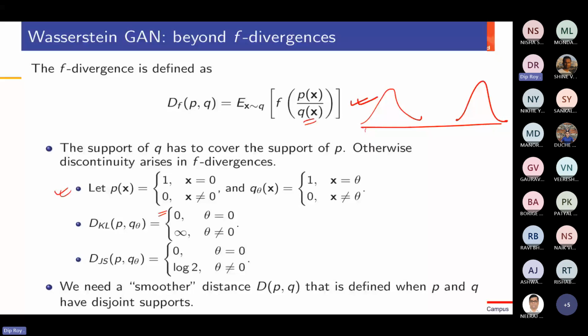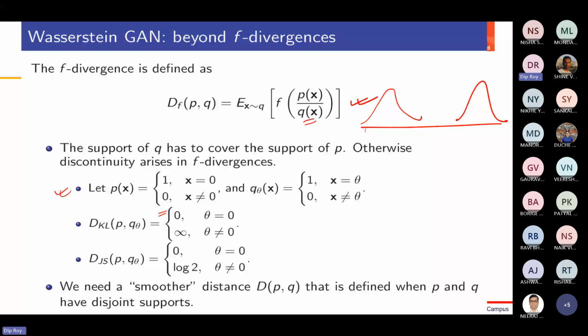And this is the fundamental problem of this kind of distance metrics, like your F divergence metrics. Because F divergence uses the ratio of P of X by Q of X.